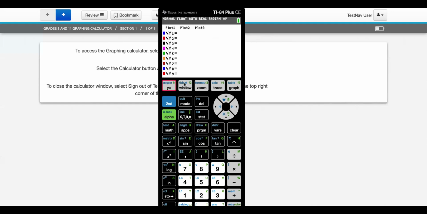I'll switch back over to it. I'm going to go to y2 and do 2 ln of x. I'm going to graph it. There it is.